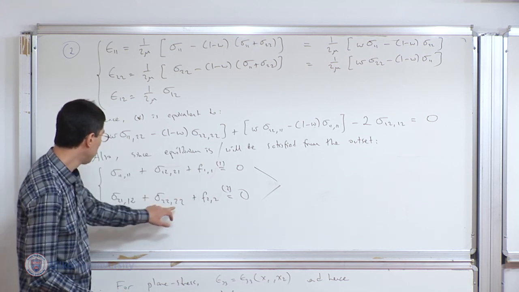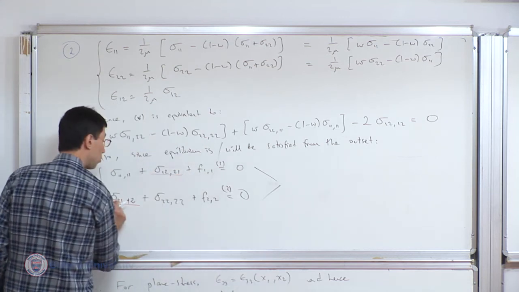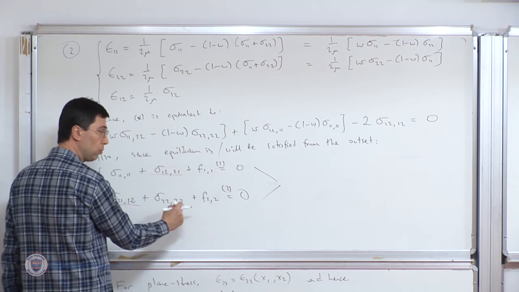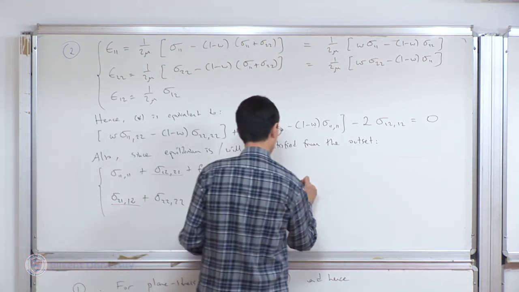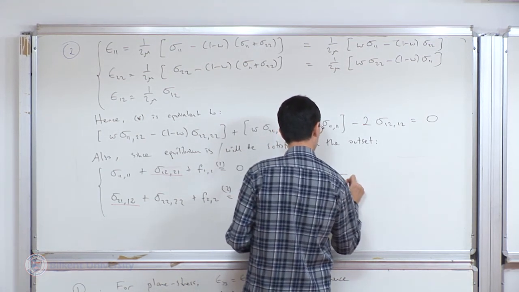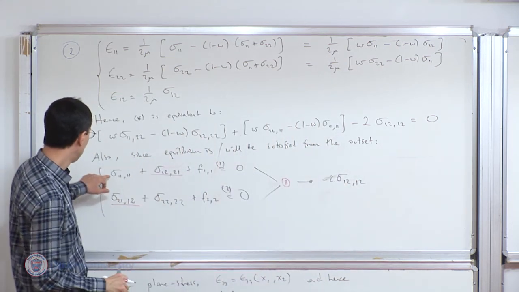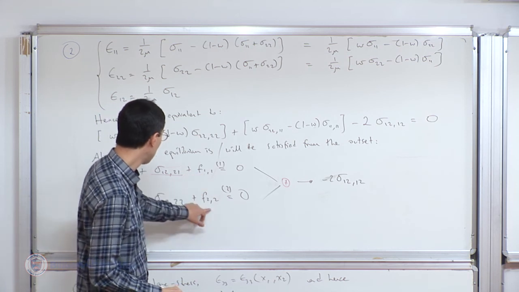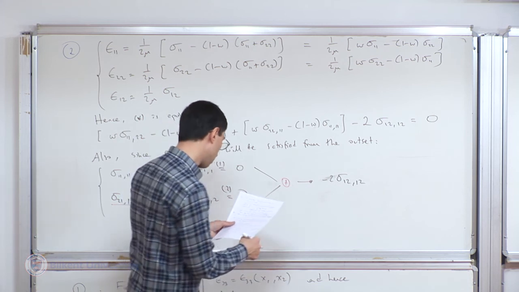That is equal to minus that plus that. So if I isolate these two terms and then eventually sum up these two, right, I obtain minus 2 sigma 1, 2, comma 1, 2 is equal to that plus these two. Okay.